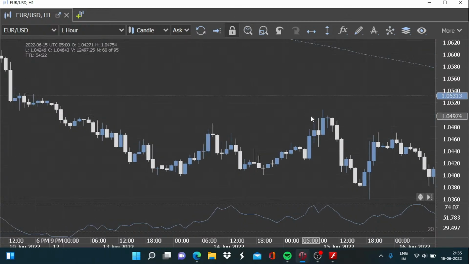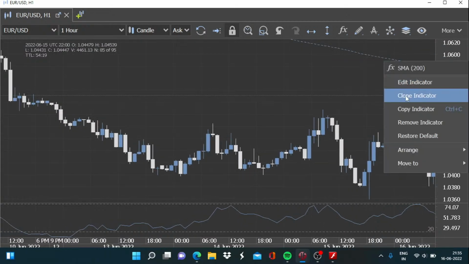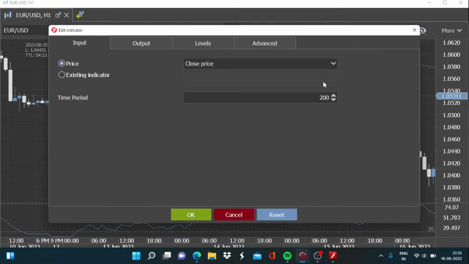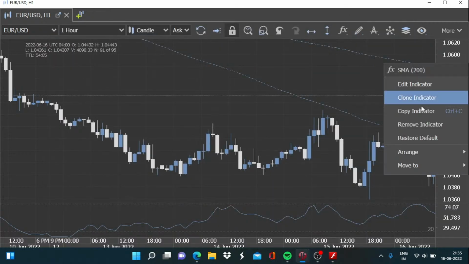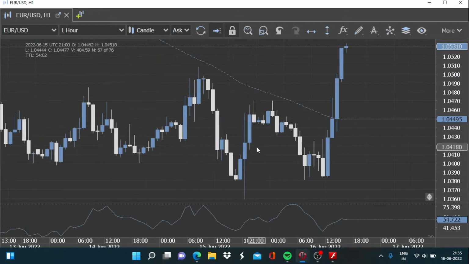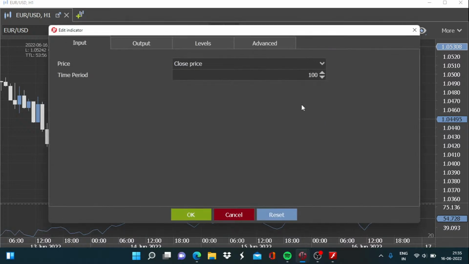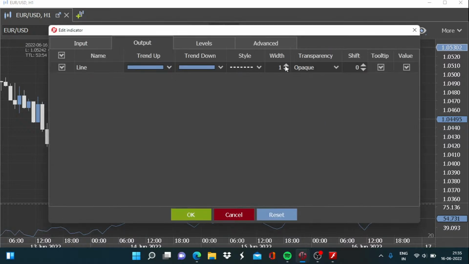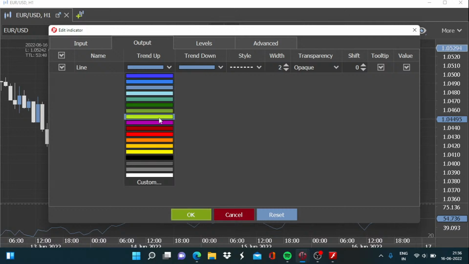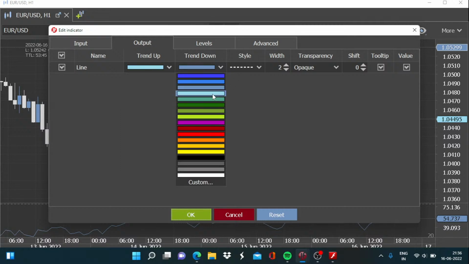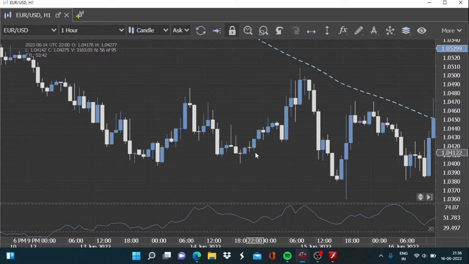Oh, it has been plotted. It is just on the higher side. I will change the calculation period to 100. And we will remove this extra. So here we have the indicators. Let's increase its width so that it is easier to recognize, and also we can change the color to a bit brighter.